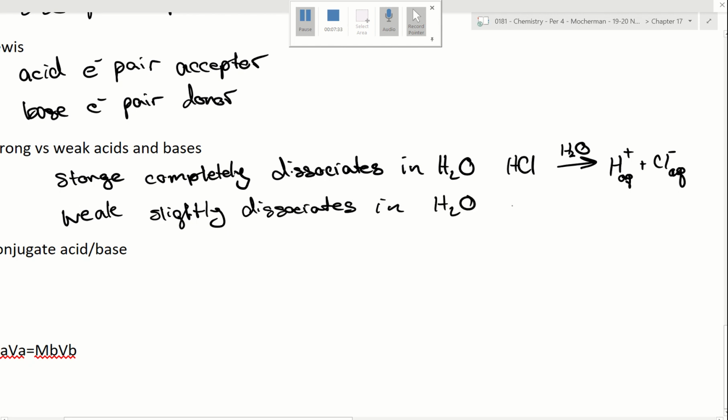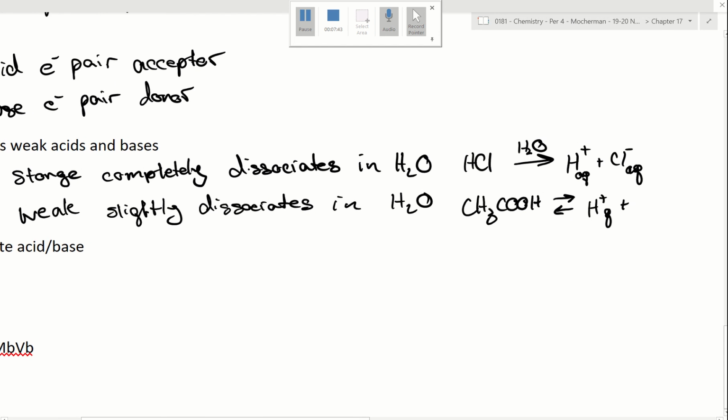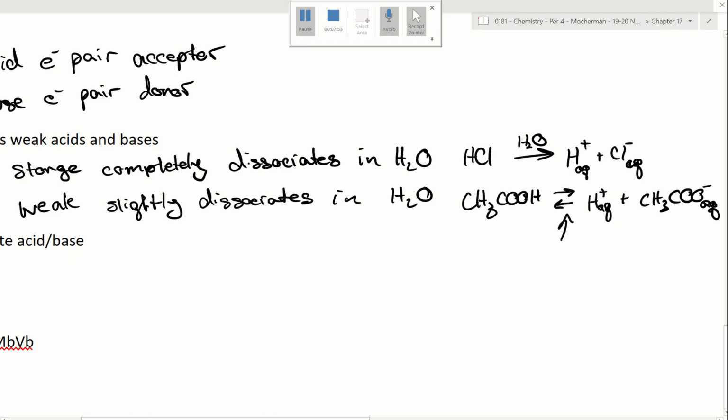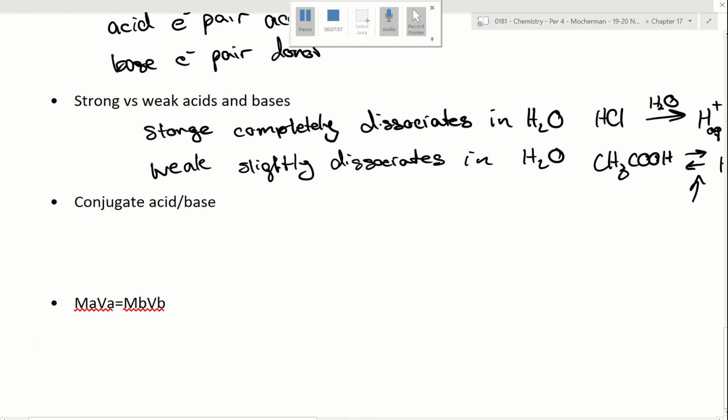So something like CH3COOH only slightly dissociates, so we have this reversible arrow, so there's just a few H plus ions and CH3COO minus aqueous. Because there's a reversible arrow here, that means it's weak because it only makes a few ions. So strong versus weak is based on how fully it dissociates.